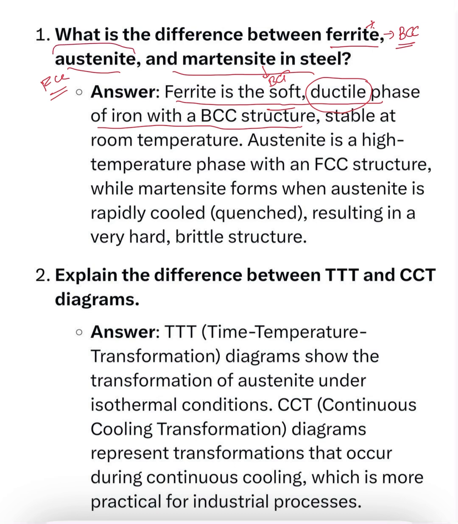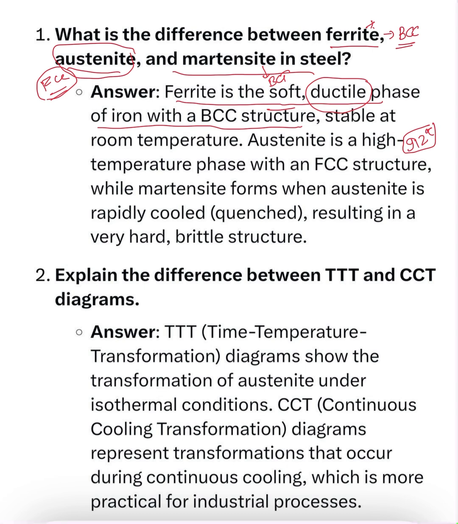And let's come to the austenite. Austenite has an FCC crystal structure, and it forms above 912 degrees Celsius, and that is for pure iron. It is a highly ductile phase, and it is also non-magnetic.